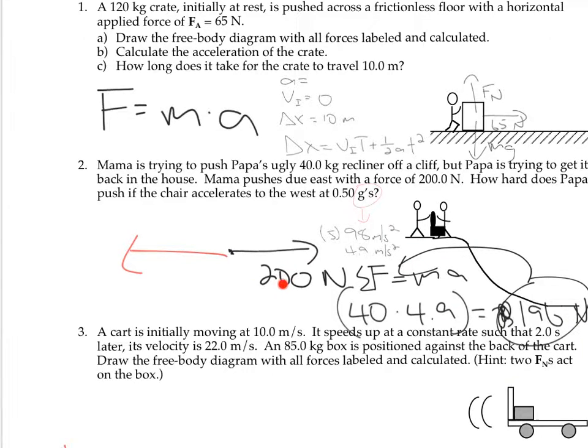So if this is 200, this must be 196 bigger than this. So this would have to be 396 newtons, right? And so now there's a net force to the left from Papa, and the chair would move to the left.